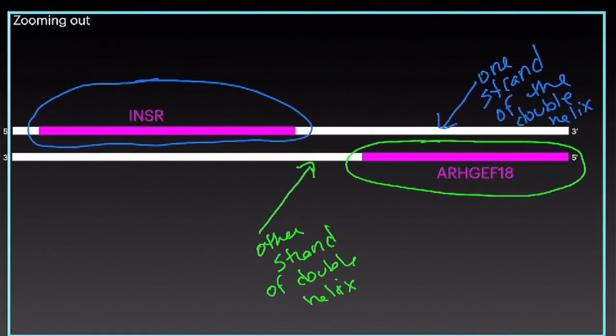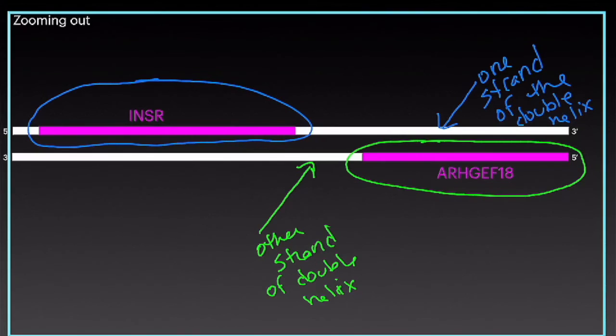Just kidding, it doesn't. I'm not going to tell you its name because I don't even know how to pronounce it. But this is another gene, okay? So we have our insulin receptor gene on one strand, and on the other side of the helix, we have another gene. So genes are encoded by both sides of the double helix, okay? But any one gene is only encoded by one side.